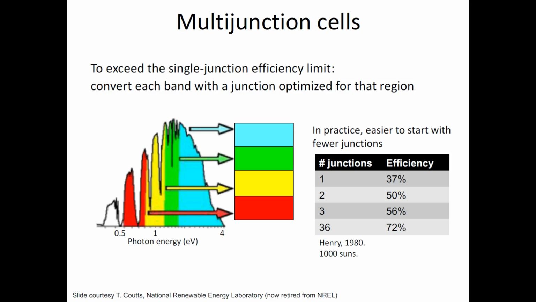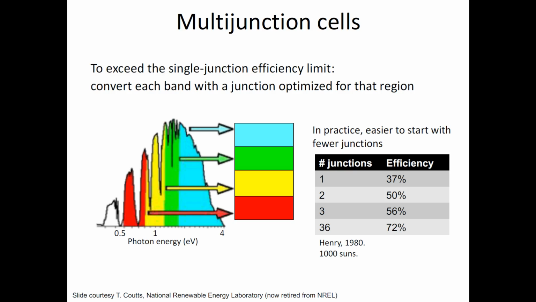So what they said was, let's take each of these materials as we have them and sandwich them one on top of the other, such that each forms a junction of its own and each can optimize at its own specific wavelength.